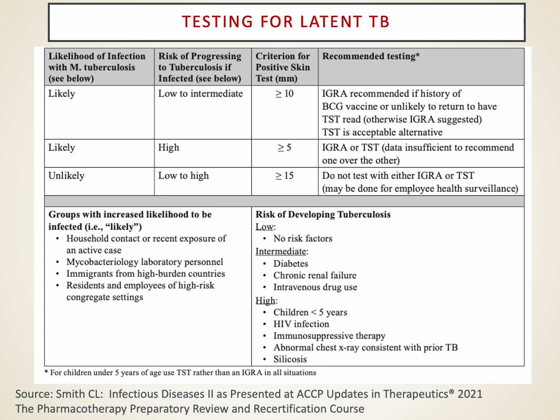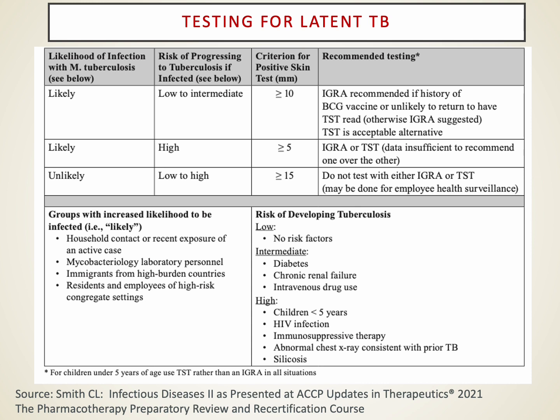In the next few slides, let's differentiate latent TB from active TB. When an individual is getting tested for exposure to TB but doesn't yet have fulminant tuberculosis, there are some considerations we look at, and we also look at the likelihood of a patient to be infected based on the nature of their contact and whether or not they have other comorbidities that increase their risk.